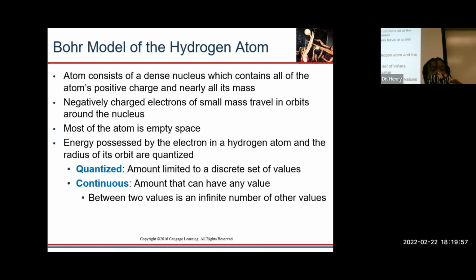Those negatively charged electrons are orbiting around that nucleus, but most of the atom itself is made up of empty space. And there are certain regions of that orbit that these electrons are going to be at, and they need to be there. That represents energy states, right? Those are energy levels that keep those electrons orbiting in that area, okay?